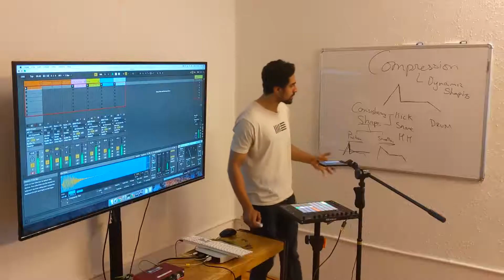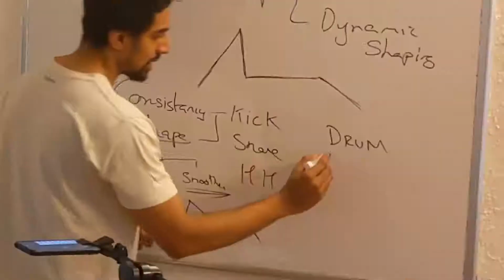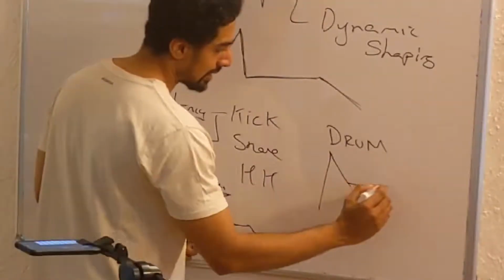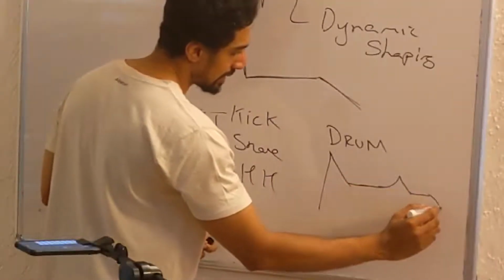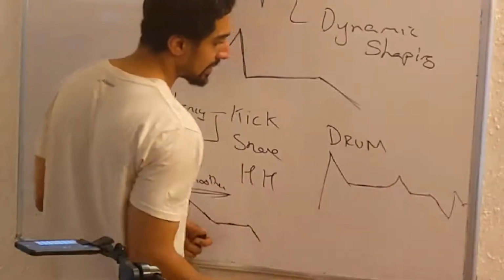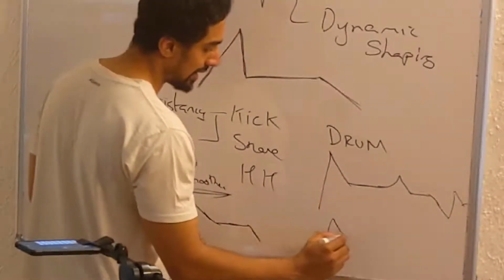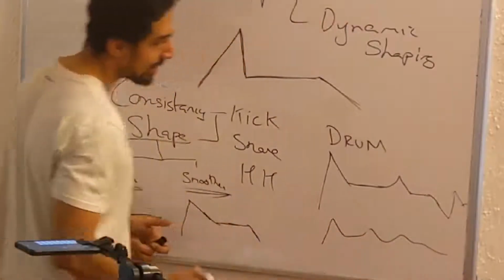Right, so this kind of smoothens out the level differences between the kick and the snares and even the hi-hats. So I'm getting a more even sound across the entire drum bus.